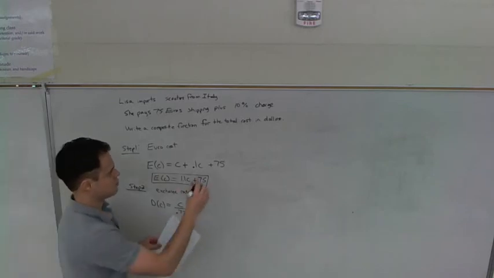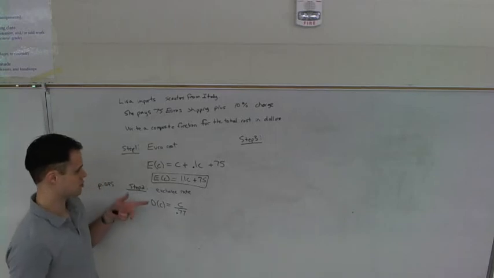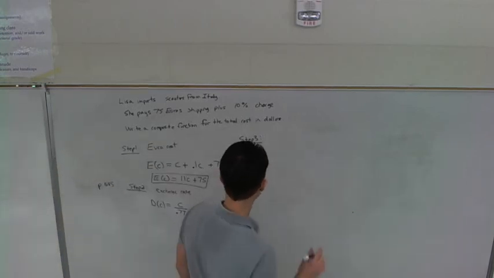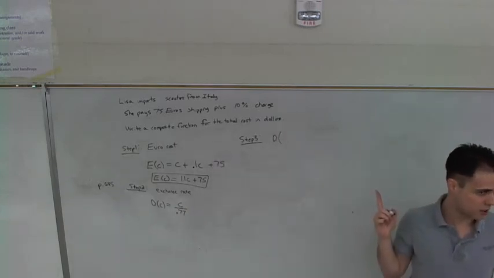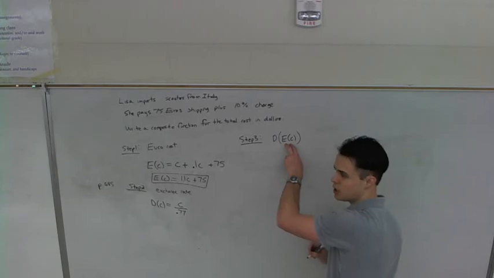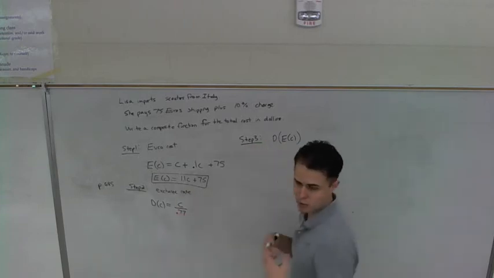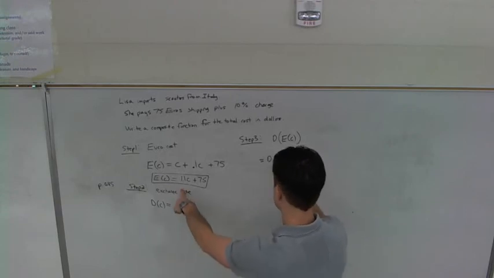So now, the last thing that they asked me to do is write a composite function. So I'm going to take these and put them together, okay? I want dollars, right? So dollars is going to be on the outside. So I'm going to do D of E of C. So if I plug this function in, which gives me the amount in euros, into this function, it'll give me the amount in dollars. So that's going to be equal to D of this.